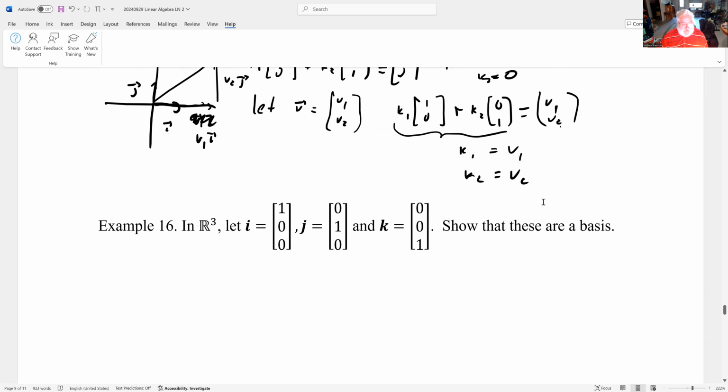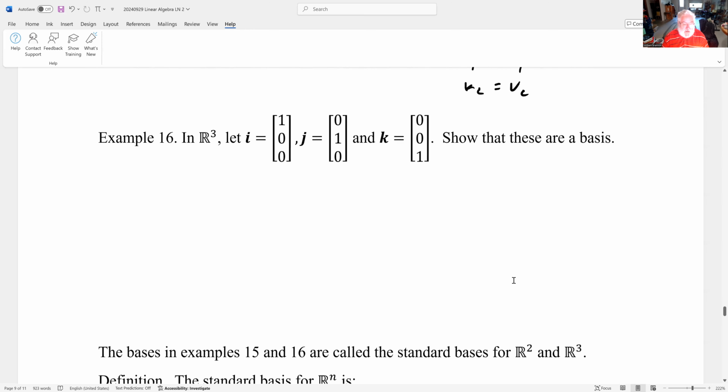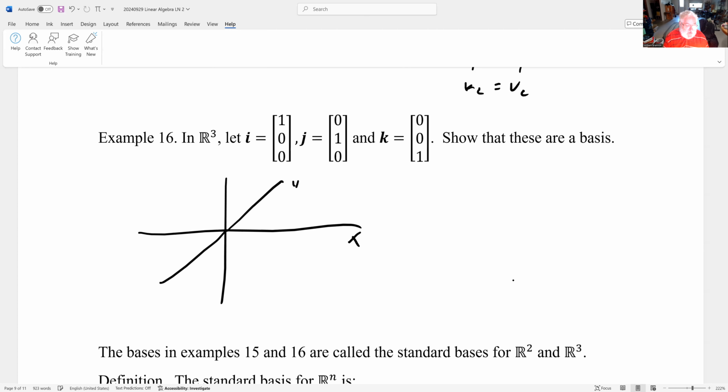So that's a basis. Same way, i, j, k in 3 dimensions is a basis. The argument is the same, so I'm not going to reproduce it. Depending on how you like drawing your axes, I like x, y, and z here. i in 3 dimensions is that vector. j in 3 dimensions points along the y-axis, and k in 3 dimensions points along the z-axis.